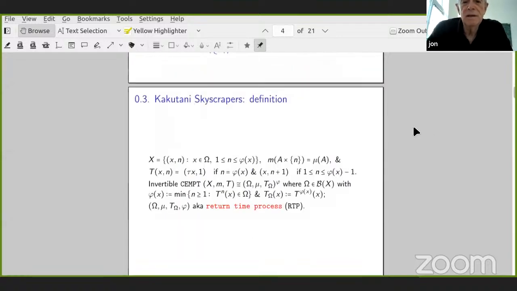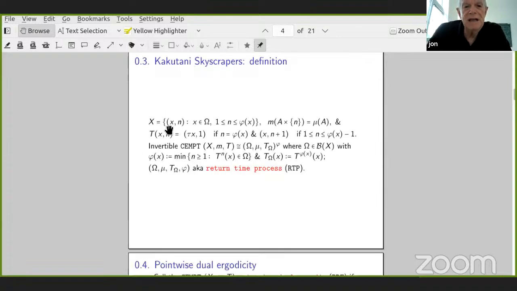And the definition is that you define X to be the set of (x, n), where x is in Omega, the base, and I take 1 ≤ n ≤ phi(x). And the measure of A × {n} is going to be the new measure of A. And T(x, n) is going to be (tau x, 1) if n equals phi(x). So if you're at the top, you drop down to the bottom and go to tau of x.